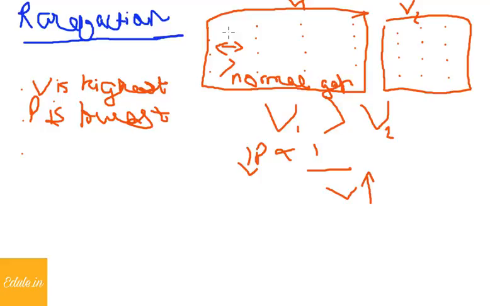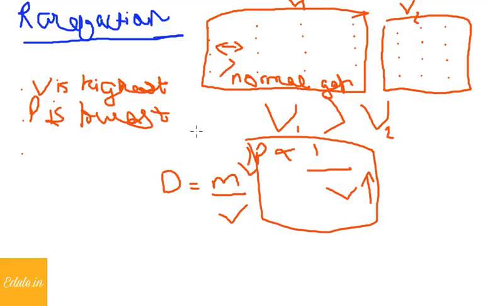If we talk about density, what is density? Density is equal to mass upon volume. Again, if you remember this, I just said that it is Boyle's law. Pressure and volume are inversely proportional.